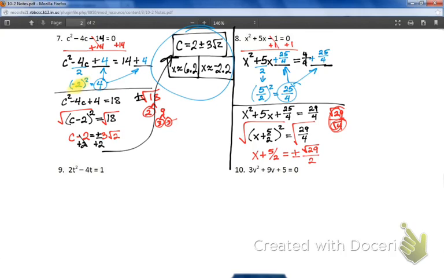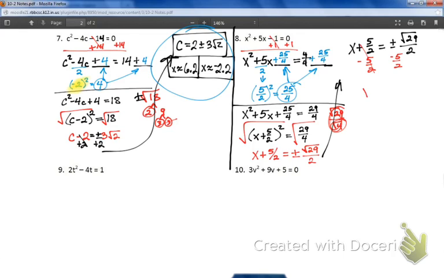All right, so let's bring this up here. So we have x plus 5 halves equals plus or minus root 29 over 2. We'll go ahead and solve this by subtracting 5 over 2 from both sides.